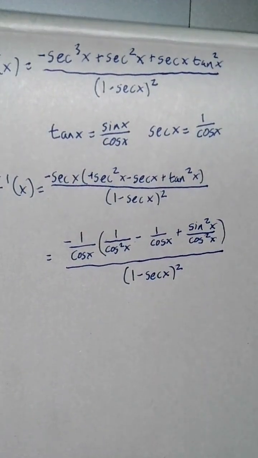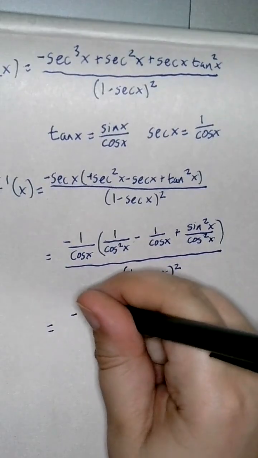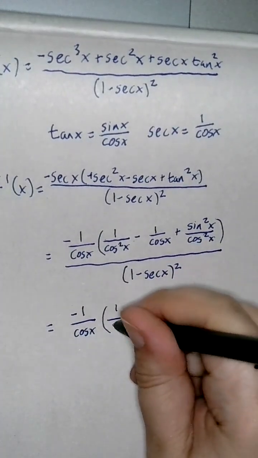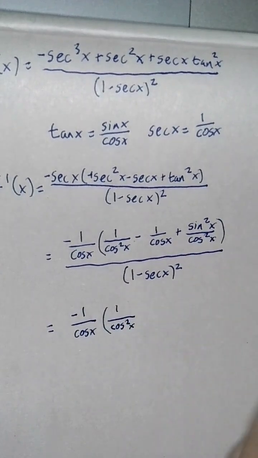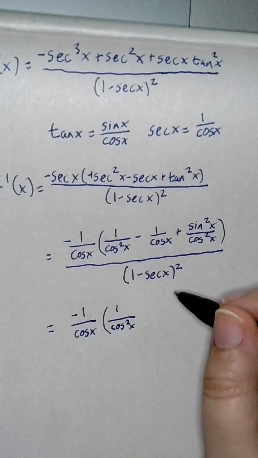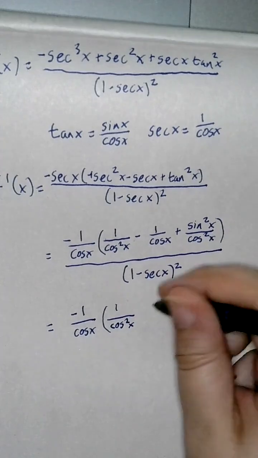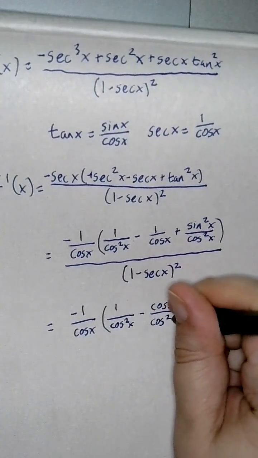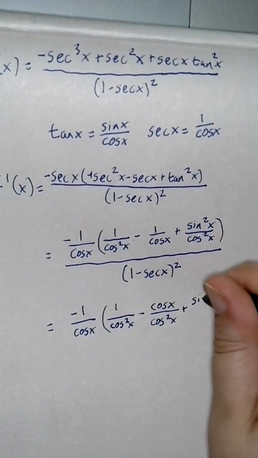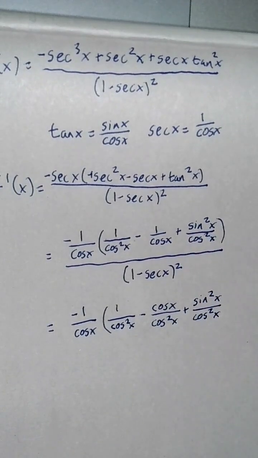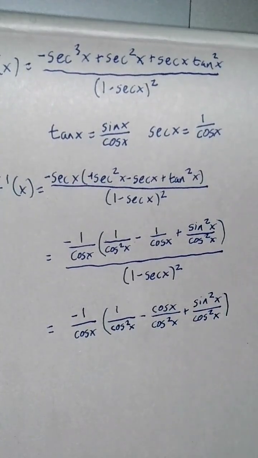So I could rewrite that as cosine over cosine squared. Oh! Okay. Nope, I got it. Negative 1 over cosine. What's going to happen? 1 over cosine squared. Nope, I thought I had it. Minus cosine x over cosine squared x plus sine squared x over cosine squared x. There has to be a simpler way to do this.